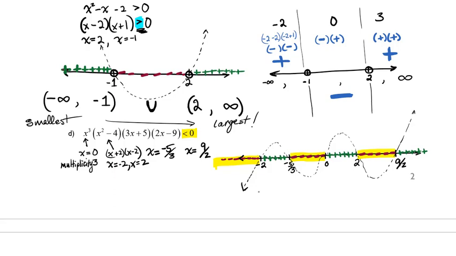So I'll write it in interval notation from smallest to largest. We can never reach negative infinity, so we put parentheses: negative infinity to negative 2. And since we don't have a less than or equal to, we're going to use parentheses for all of these. This would be an open dot for all these roots or zeros of the polynomial.